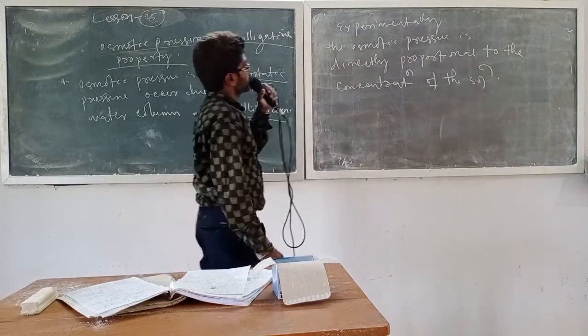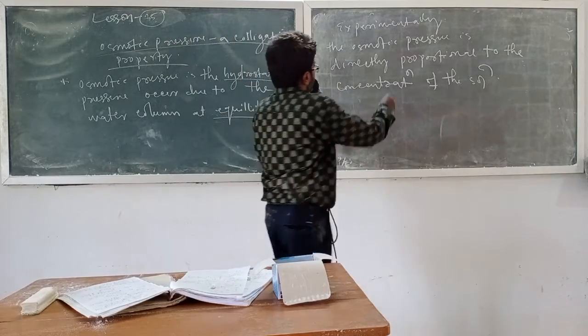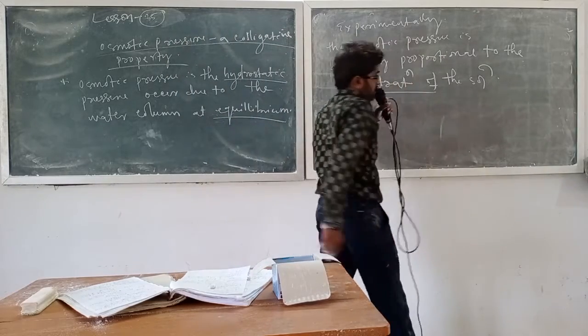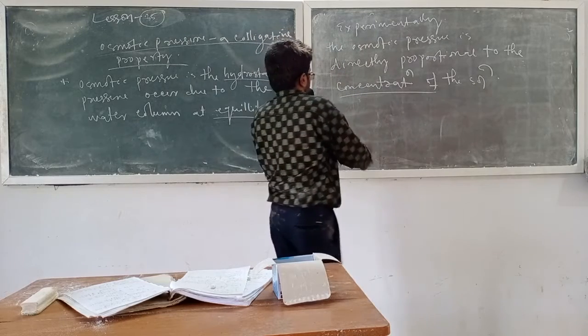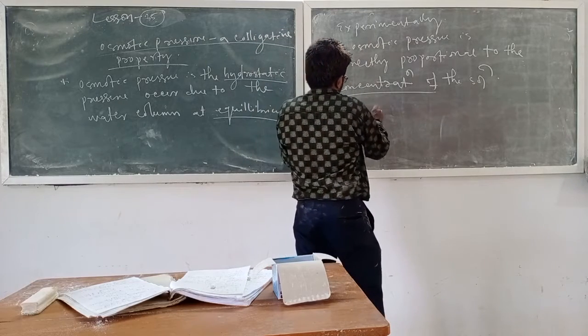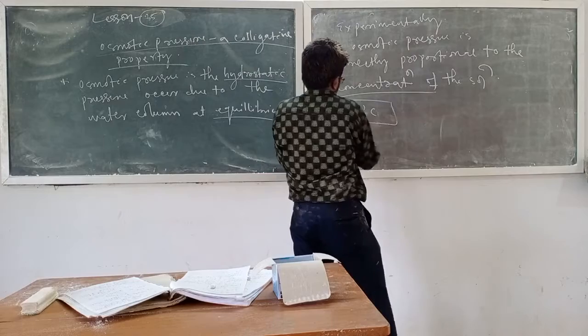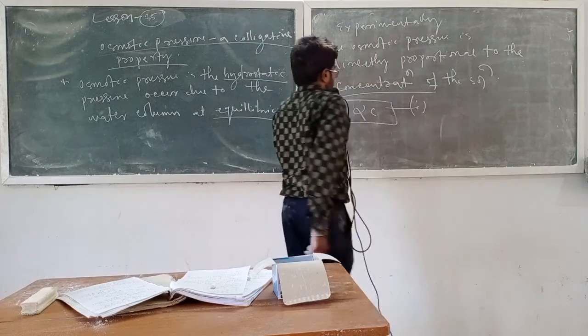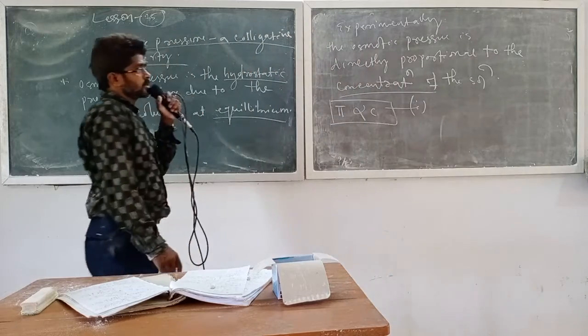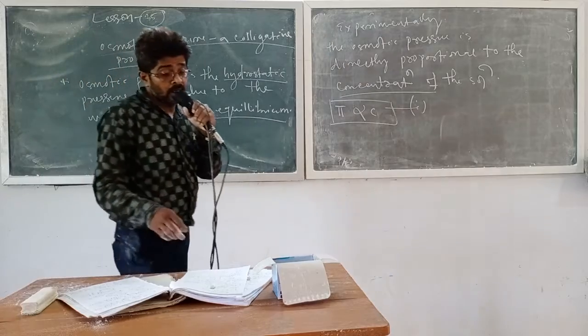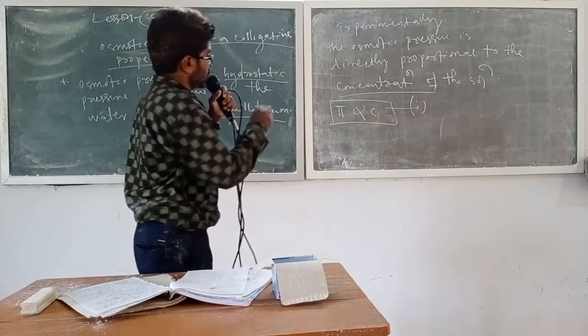It is experimentally proved that the osmotic pressure is directly proportional to concentration of the solution. That means osmotic pressure pi is proportional to C, and this is equation 1.